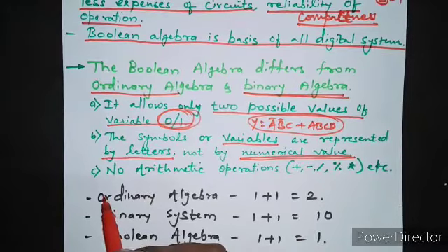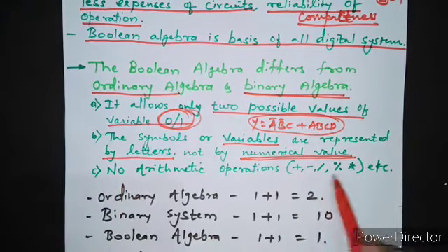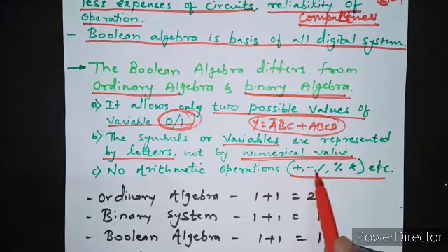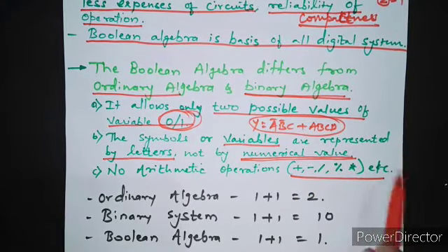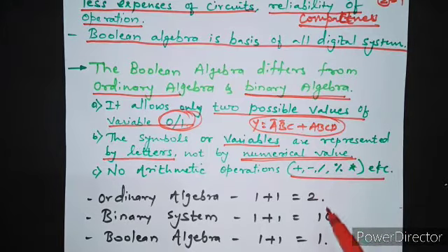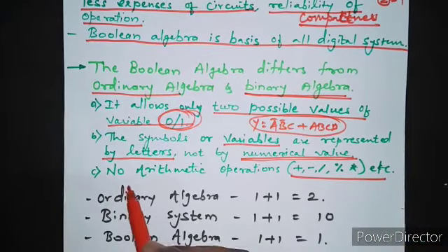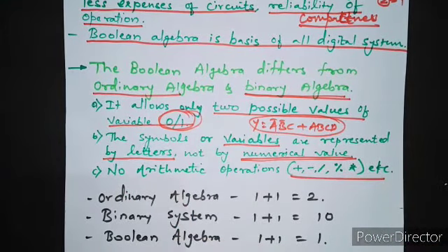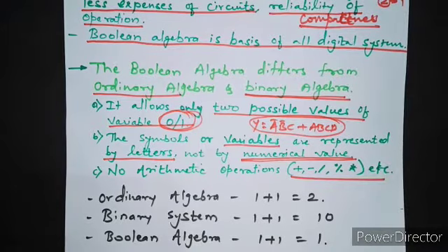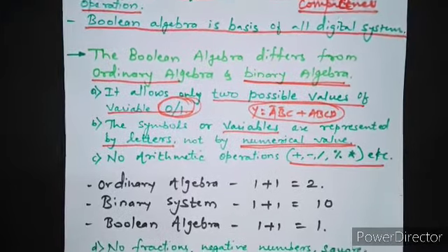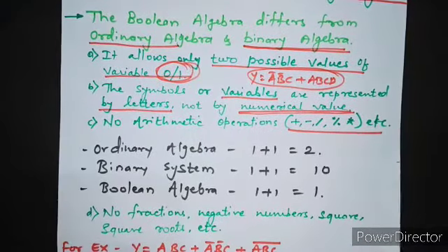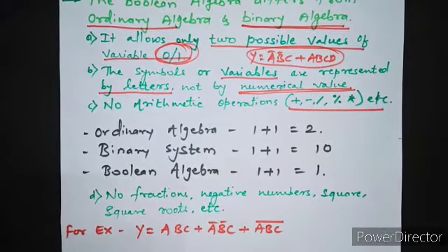So no arithmetic operations are performed here: not addition, subtraction, multiplication, division, square root, cube root, square, cube, log, anti-log. None of these functions are performed in Boolean algebra. So you might be thinking, if none of these operations are performed, then how is Boolean algebra going to help reduce the circuit? It is actually interesting, you will find this interesting.